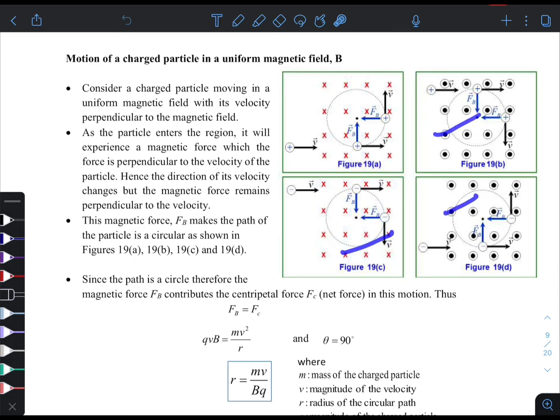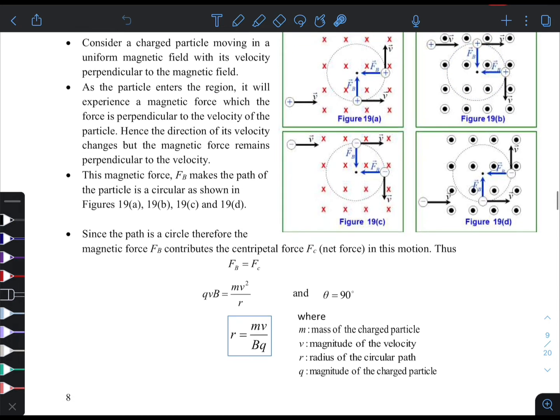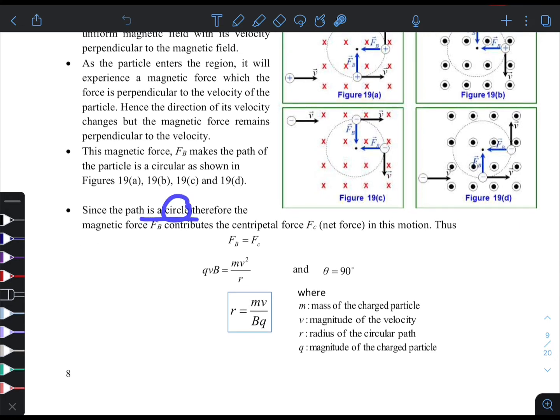So for all these four cases, using the right hand palm rule, whenever a charge enters a uniform magnetic field, it is going to form a circular path because of the force that leads to circular motion. Since the path is a circle, the magnetic force FB contributes to the centripetal force FC. We learned in semester 1 that FC is equal to mv squared over r, a force directed toward the center of the circle, which causes your object to move in a circular path.